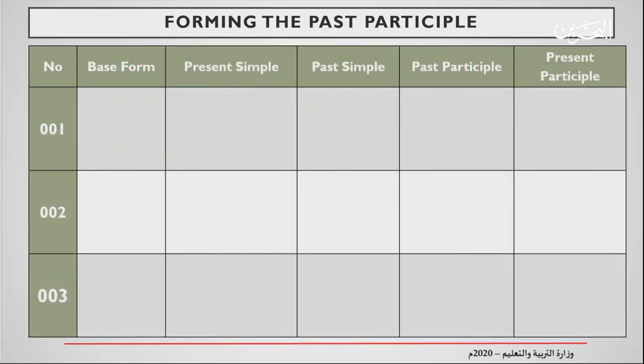If you open a dictionary or if you go online, you will find a similar table to this, where you have the base form, present simple, past participle, present participle. The first example is with do. Do in the base form is do. And then you have do, does in the present simple. Then did.